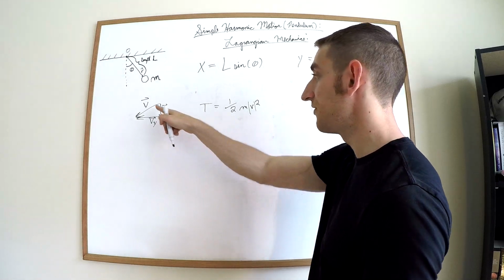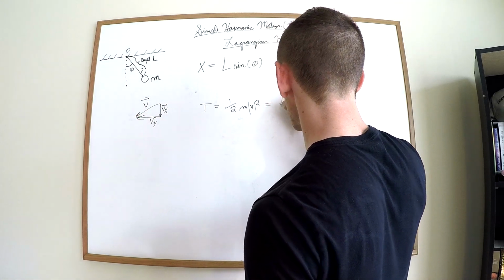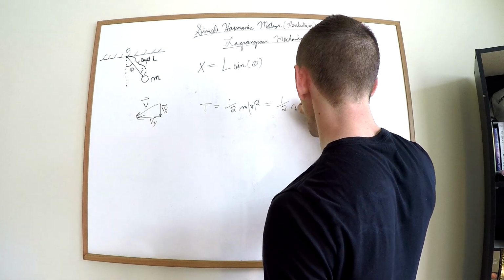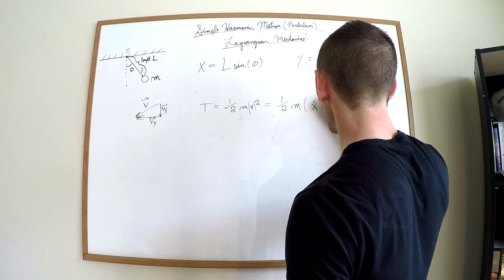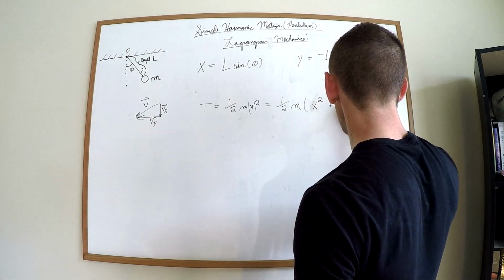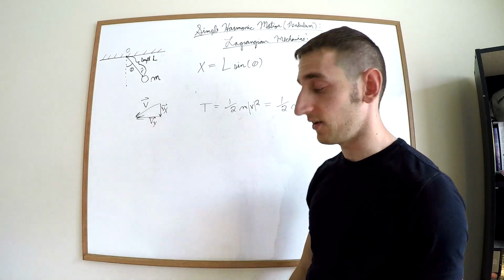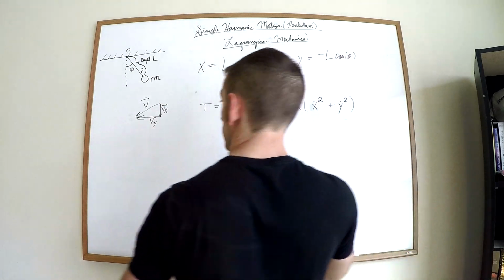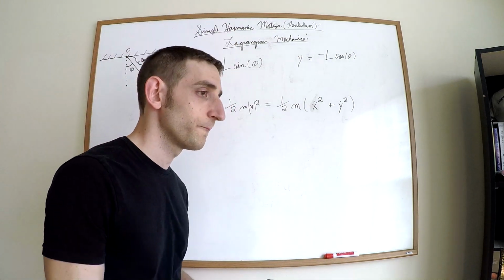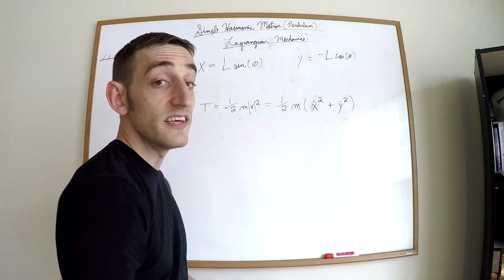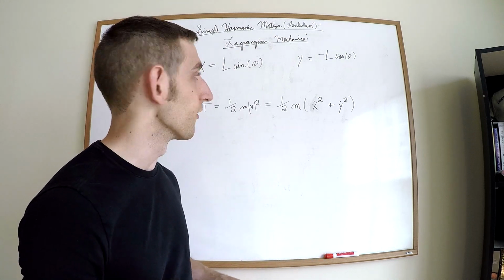So if we're trying to figure out this guy squared, the magnitude of that, this guy is just 1/2 m times (x dot squared plus y dot squared). This is the same as the resultant velocity. All right? So in general, you always end up with this. Maybe you might have a z dot squared in there also to complete the Pythagorean theorem.